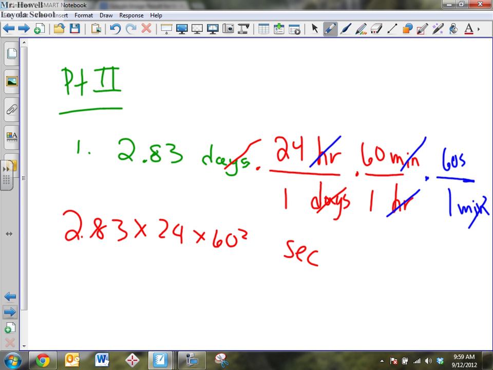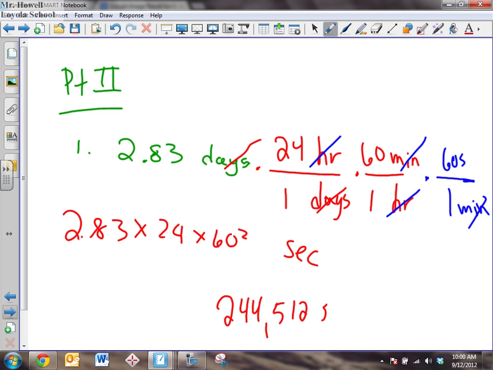Now, who has a calculator? Tell us what we got here. Multiply. 500. In scientific notation, is it negative fifth? Positive. Why is it positive and not negative?